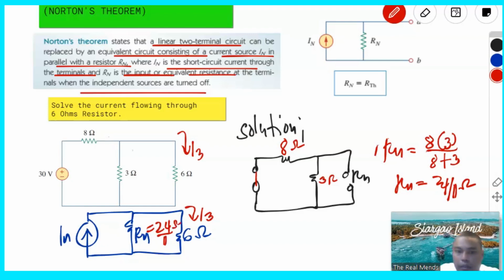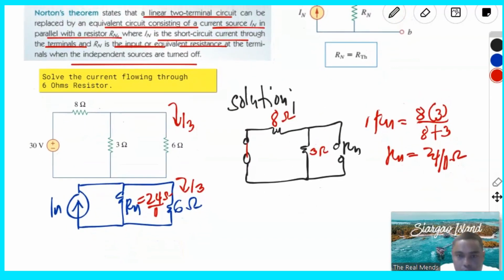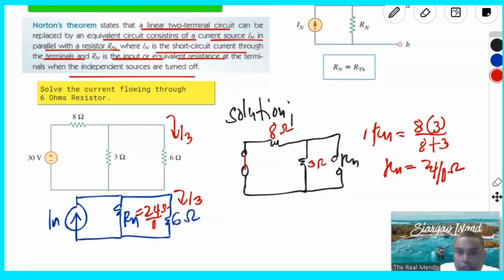Okay, after that, let's look for the value of IN. So how do we find this value of IN? From that, redraw the circuit again. This is plus, minus 30 volts.